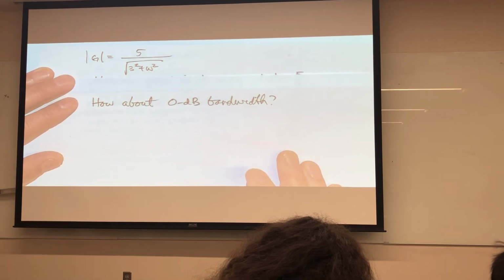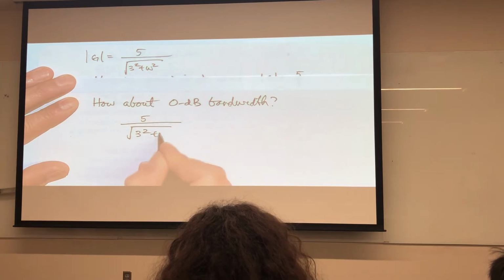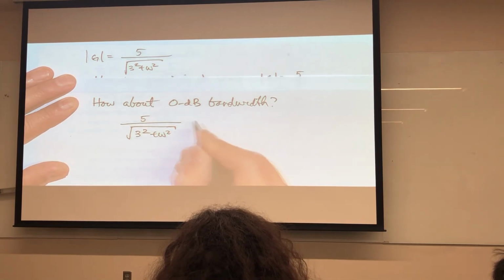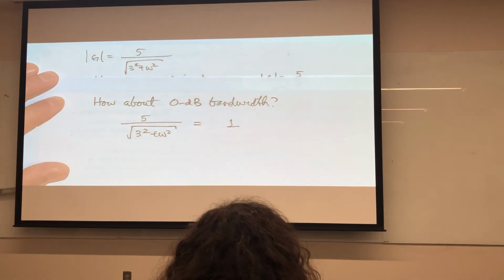We've got to set it up. The gain is 5 over square root of 3 squared plus omega squared. That's the gain. 0 dB means this gain is equal to 1.